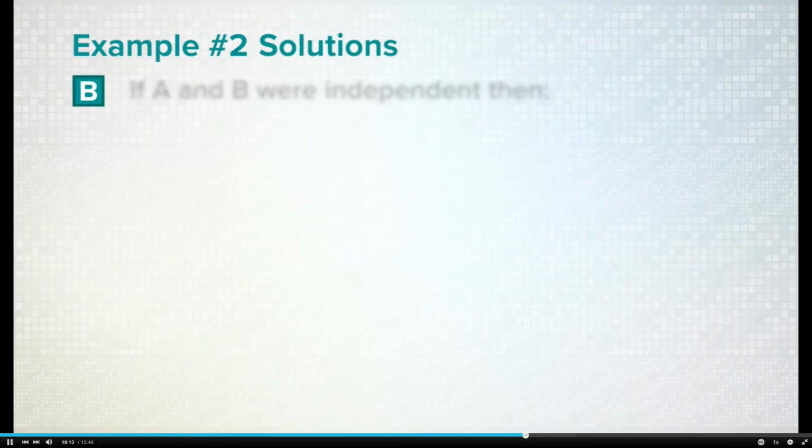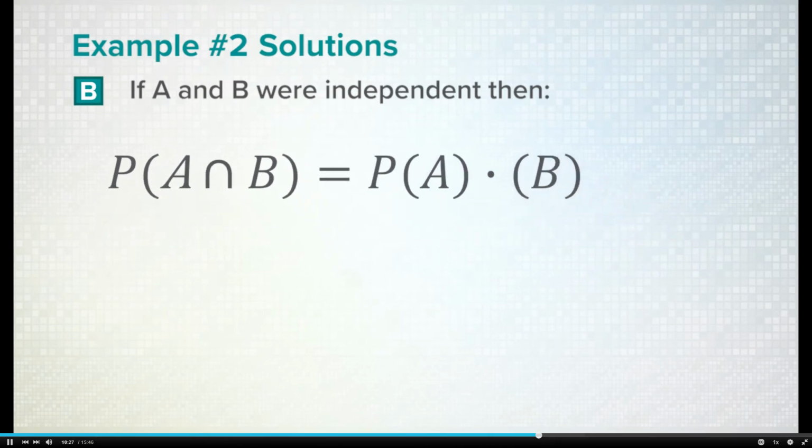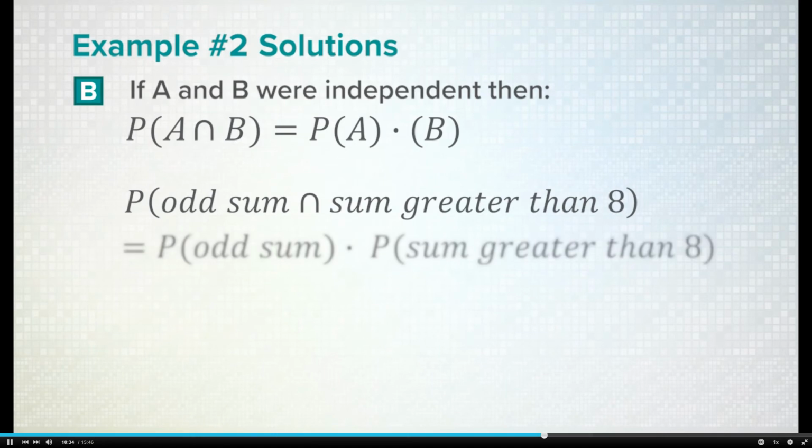Now, to answer part B, are the events independent? If two events are independent, then the probability of A and B would equal the probability of A times the probability of B. In this situation, that means the probability of an odd sum and a sum greater than 8 should be equal to the probability of an odd sum times the probability of a sum greater than 8, if they were independent.